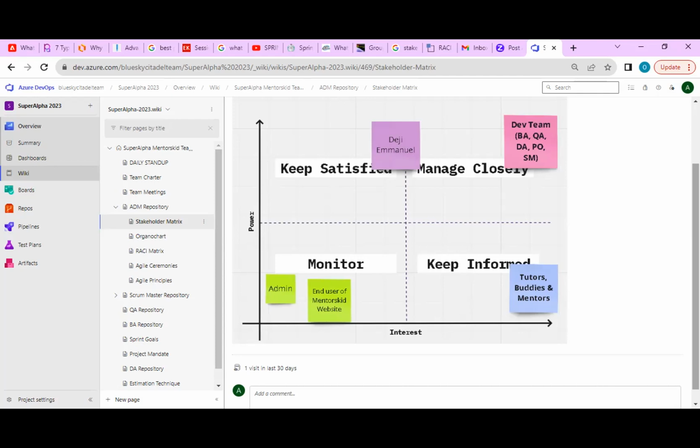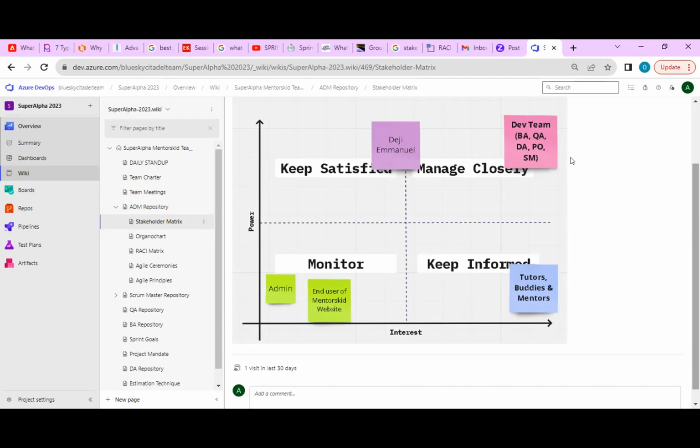So where does monitoring, when you monitor, where does it come? What's your role over them? Yeah, so it's to ensure that we liaise with them to make sure that they're carrying out the task within the time.